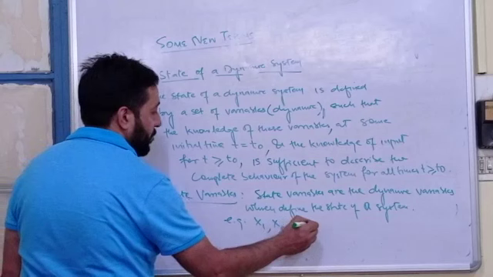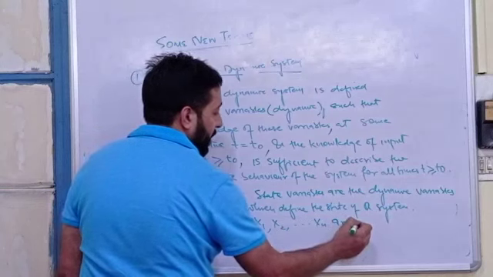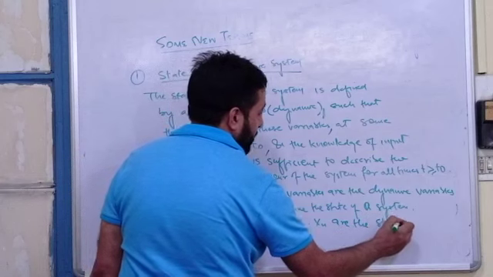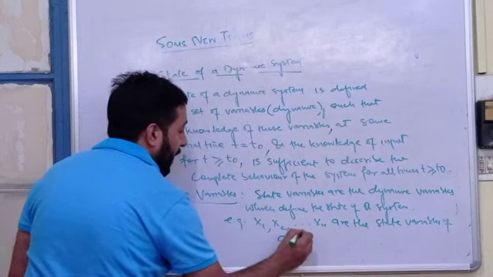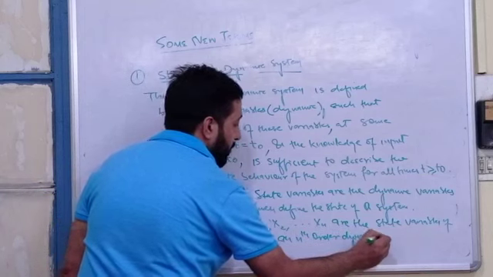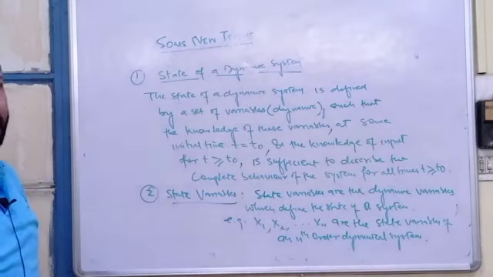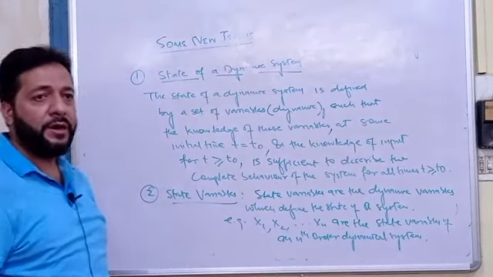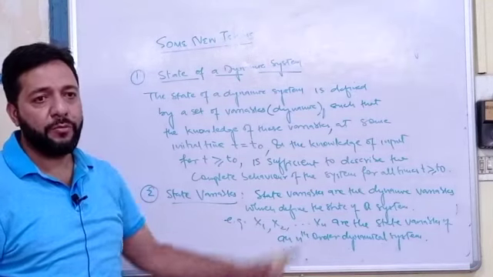So you represent state variables like this: x1, x2, so on up to xn. है ना? Are the state variables of an nth order dynamical system. है ना? अगर आपके पास nth order system है जिसमें कि n independent energy storage elements हैं, तो उन n independent energy storage elements के साथ आप n state variables associate कर सकते हो जिनको नाम दिया जाता है x1, x2 up to xn.